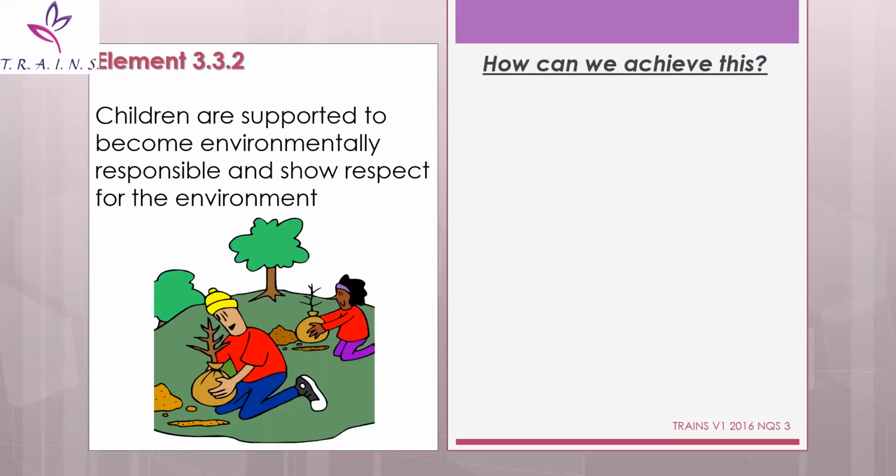3.3.2. Okay, we're nearly reaching the end. Very conscious of the time. Children are supported to become environmentally responsible and show respect for the environment. So this is where we have a vegetable garden, we can teach children about how we can be environmentally friendly and how we can grow our own fruits and vegetables and use them in the menu.